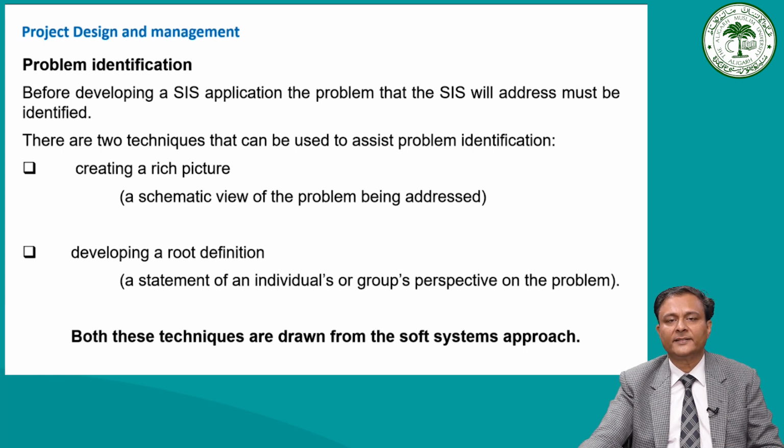Here we start by considering how the character of the problem for which a spatial information science solution is being sought can be identified. Two methods are introduced: the rich picture and root definition. A method for constructing a spatial information science data model is then discussed.